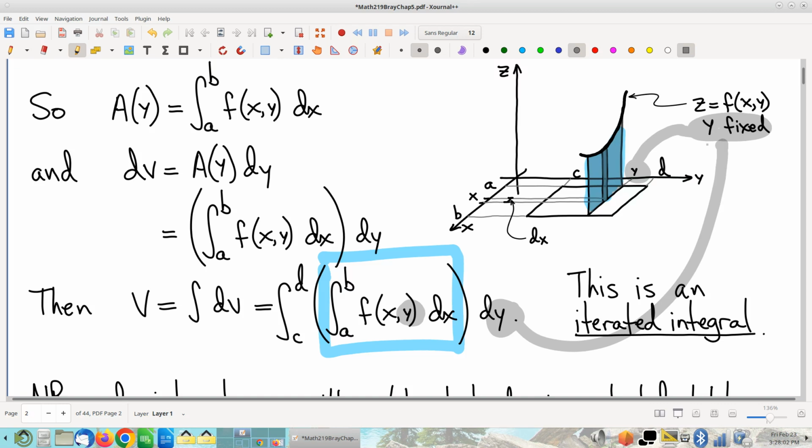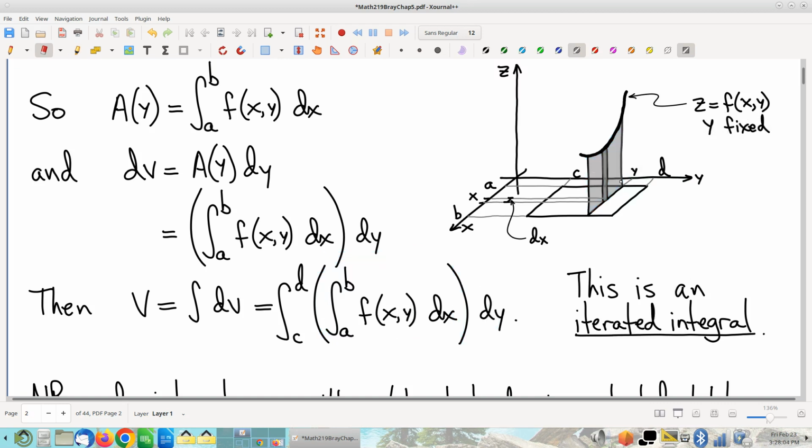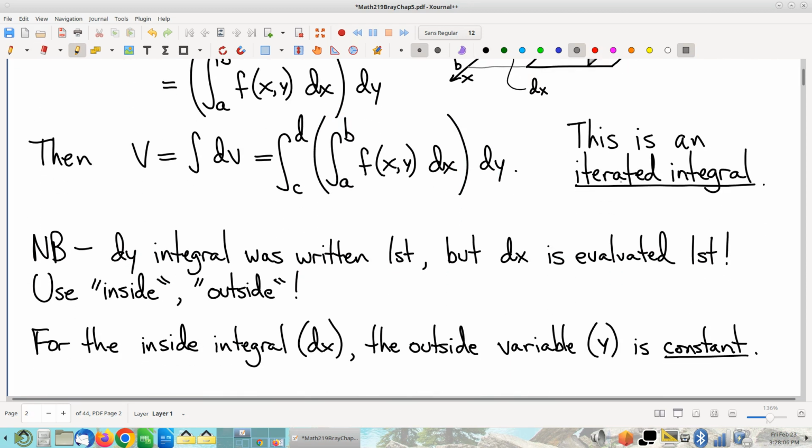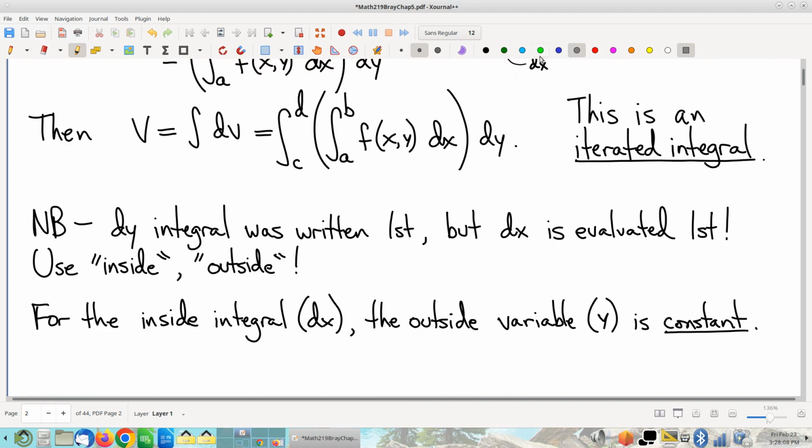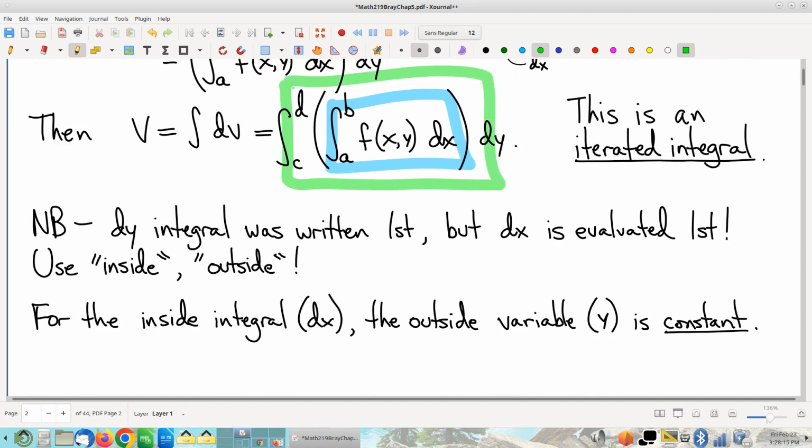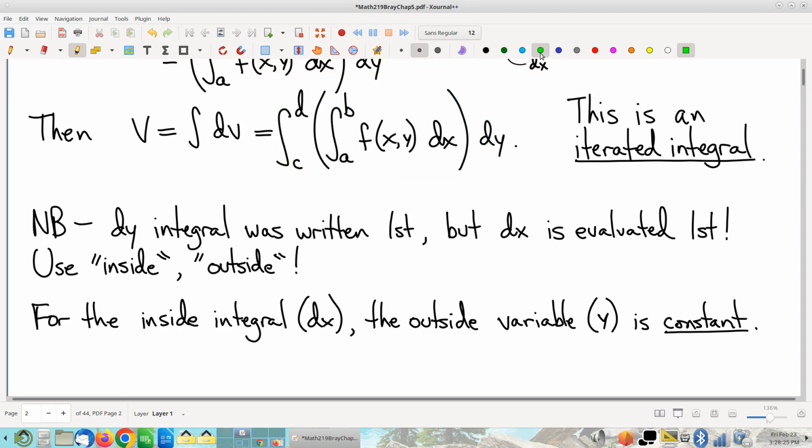Okay. Now that leads me to another little bit of terminology I want to talk about, and that is how do I distinguish these two integrals from each other? We've got that integral, and then we've got this integral. There is a temptation to call one of them first and one of them second. And I claim that's ambiguous because, as we developed this integral, I wrote down the dy integral first.